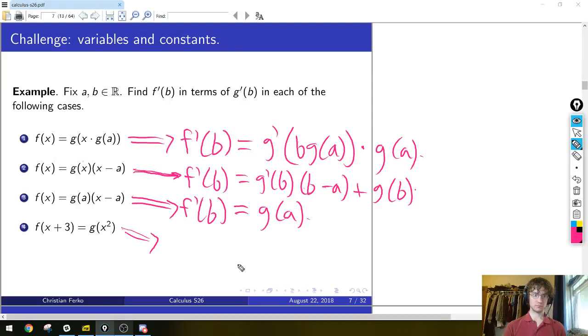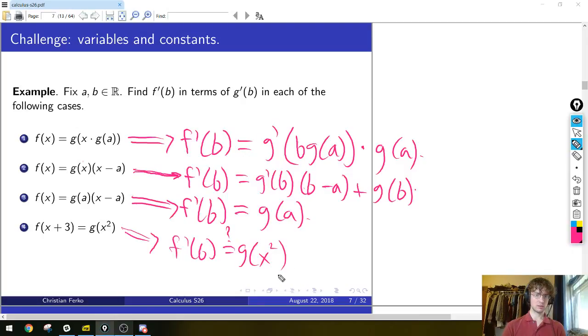I don't have any solid thoughts, but it would seem that f prime of b in this case is going to simply be g of x squared. So we say f prime of b equals, what did you say, g of x squared?